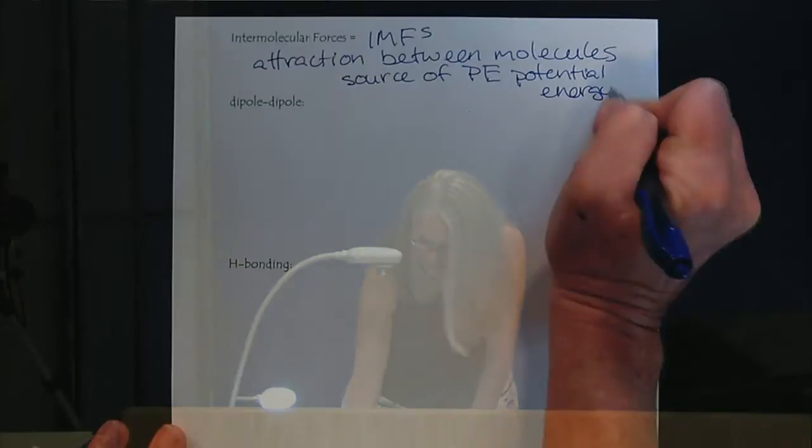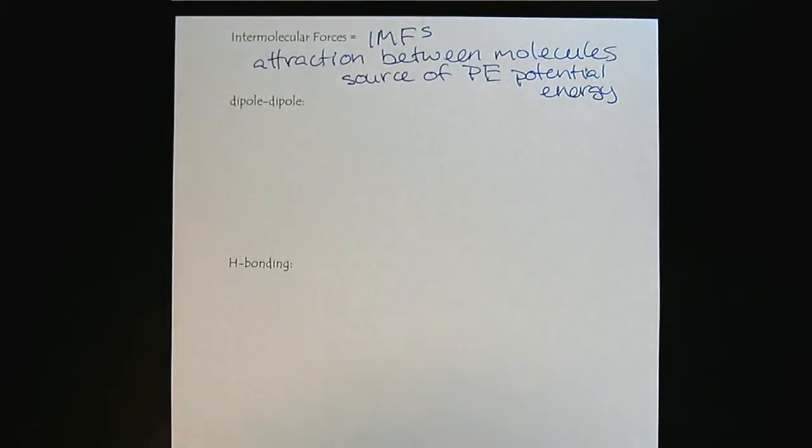Now, this is the source of potential energy. If you're not sure what I mean about potential energy, there is a video tutorial on kinetic energy and potential energy that you can refer to.